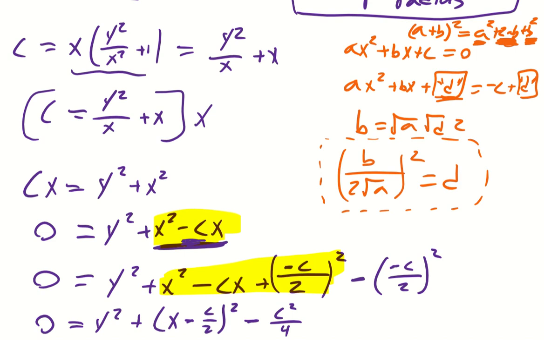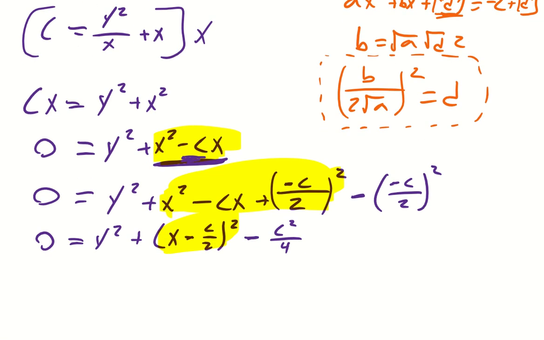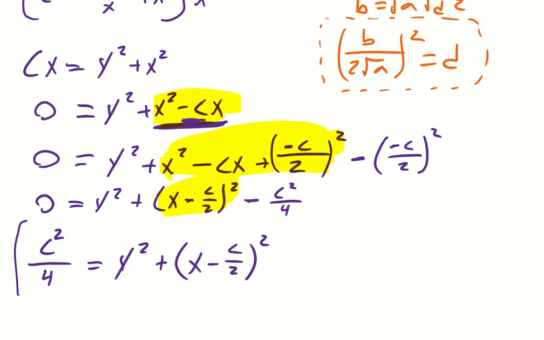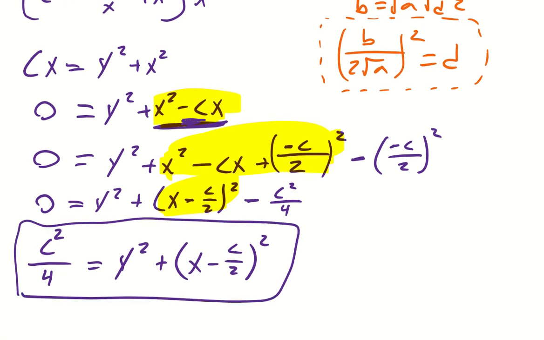Once again, note these quantities are equivalent. So we're good. And then, to finish this up, we can say we have c squared over 4 is equal to y squared plus the quantity x minus c over 2, squared. And now we do have our circle. Isn't that neat?